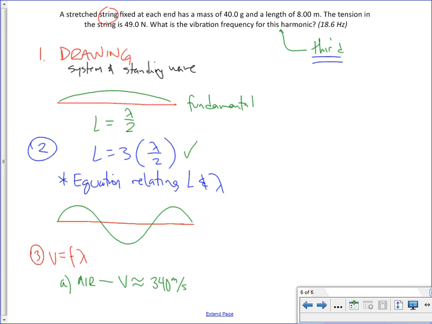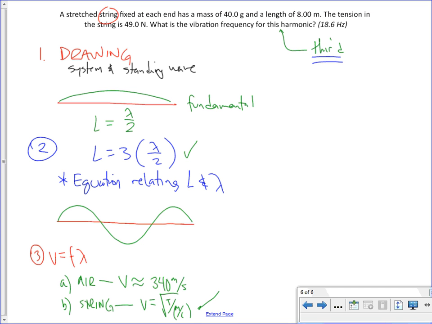That's the range of typical speeds of sound in air. In the other case, where this is a wave on a string, the likely scenario is that you're going to use v equals the square root of T over M over L. So there's that extra step in the string problems, where you sometimes have to find the speed of the wave.